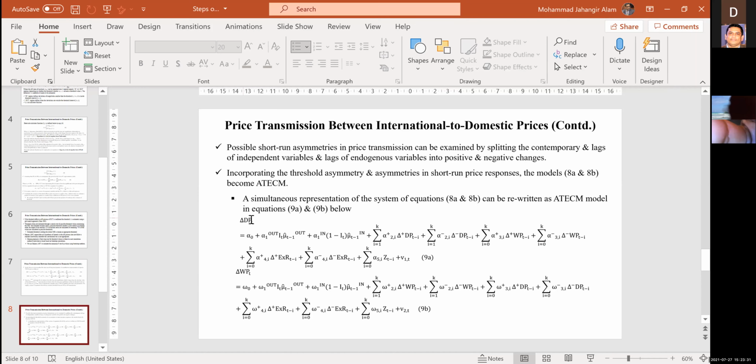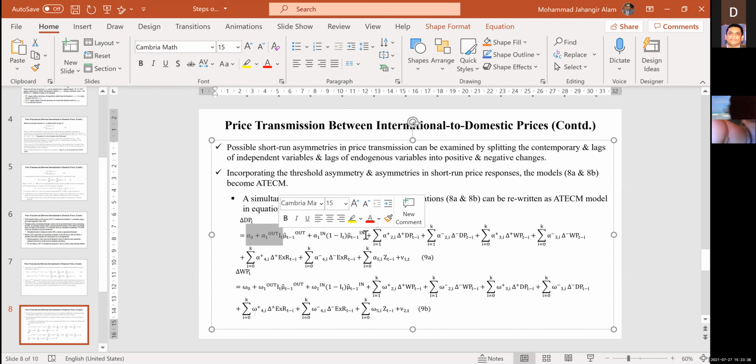So you see this one, this is the domestic price. These are the error correction, then the error correction asymmetric, and also the threshold asymmetric. But for capturing the short-run asymmetry, we split this variable, like the first difference of the domestic price and the difference of the world price, using different lags.